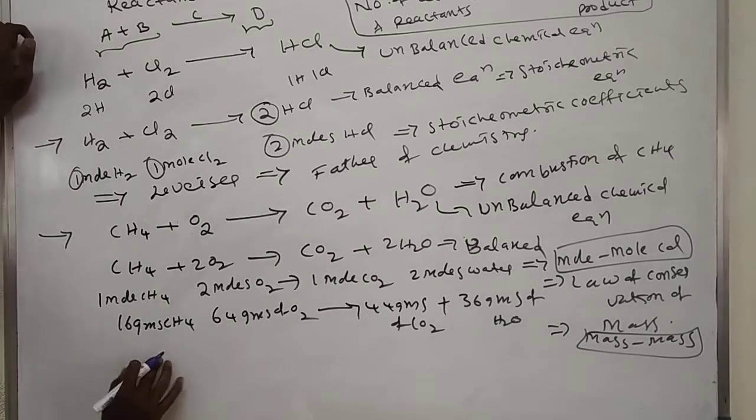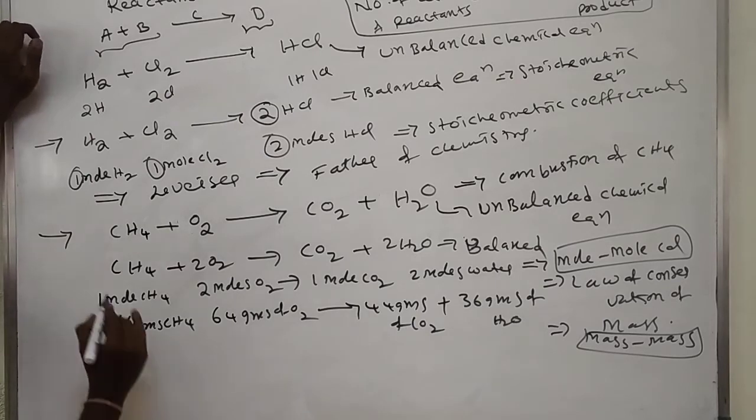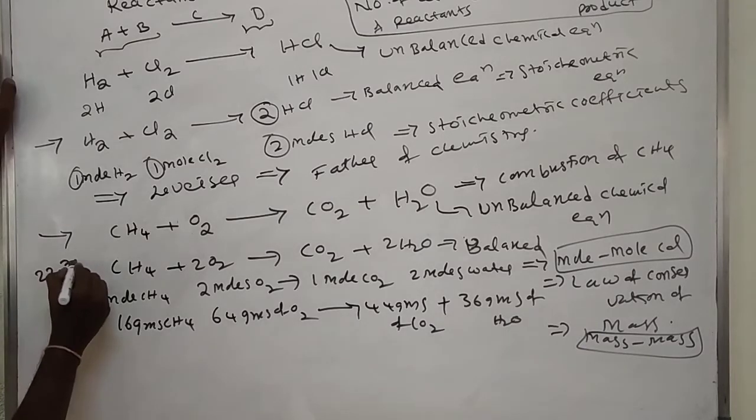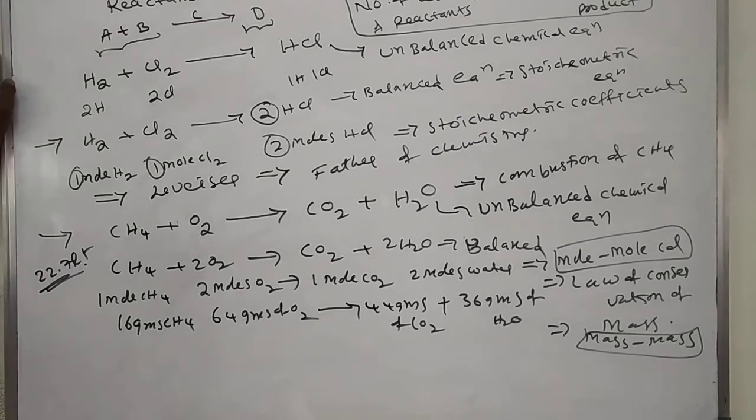According to Avogadro's principle, 1 mole of gas occupies 22.4 liters. In some books it may be given as 22.7 liters; according to the latest book, 22.7 liters. 1 mole of a molecule occupies 22.7 liters.